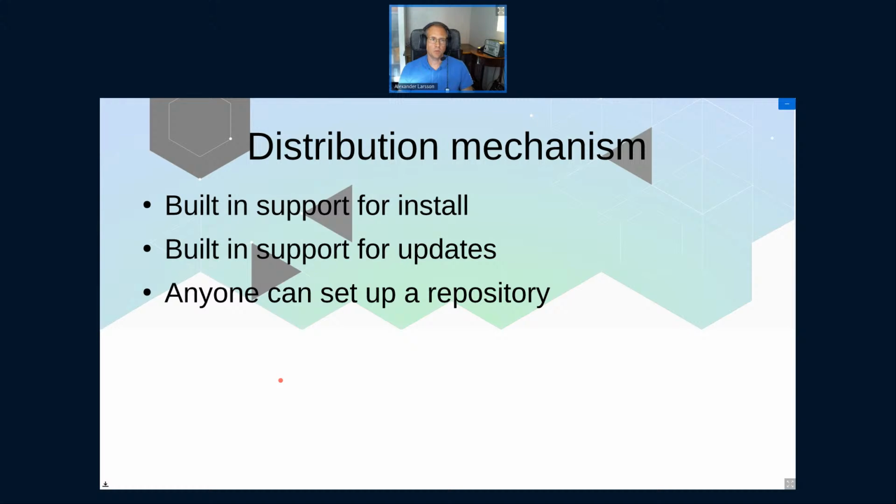Like we do have FlatHub, which is kind of a default place for free and open source apps, but it should be free for anyone to set up their own repository, their company or their project or whatever, and that repository will not be less important than, say, FlatHub.